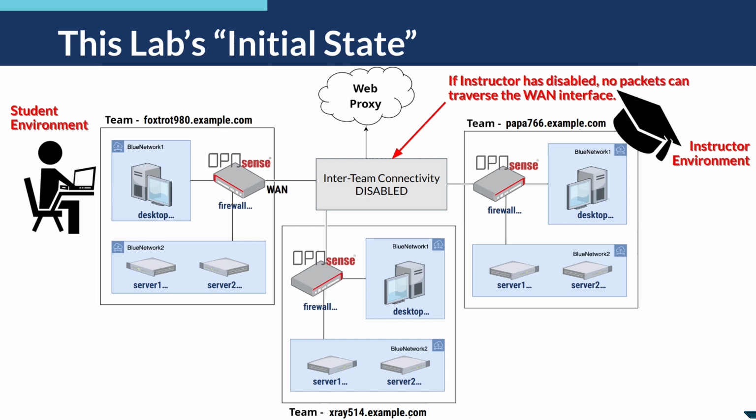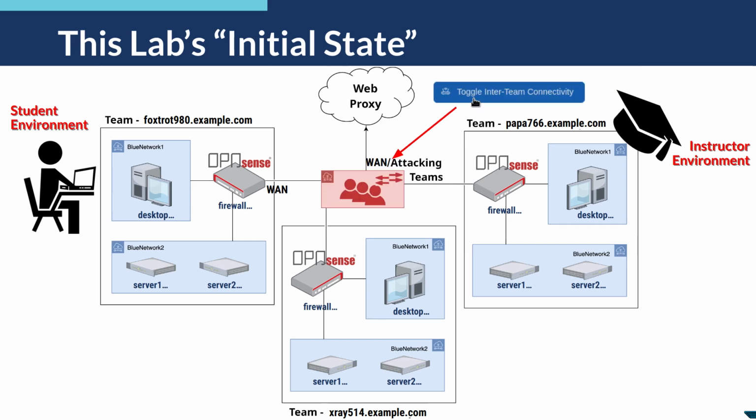So if the teacher tells you to go ahead and scan my system or ping my web server, and you're not able to, they may not have turned on inter-team connectivity. So ask your instructor, hey, I can't see your server, have you turned on inter-team connectivity? Once he does that, you should be able to all see each other on the network. It's basically a kind of software-defined network switch.